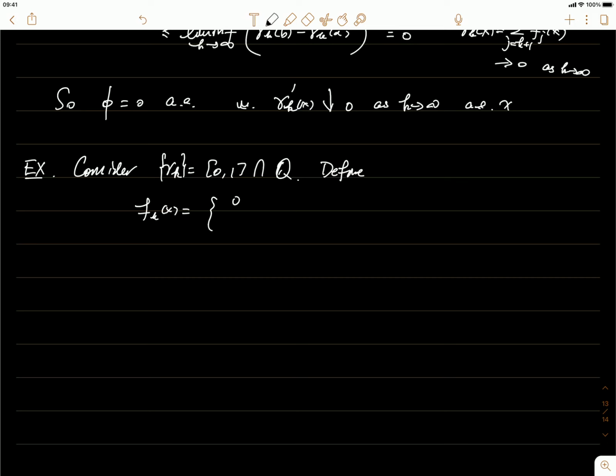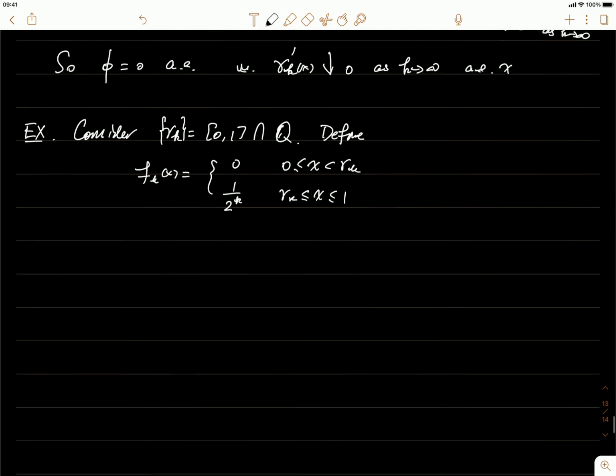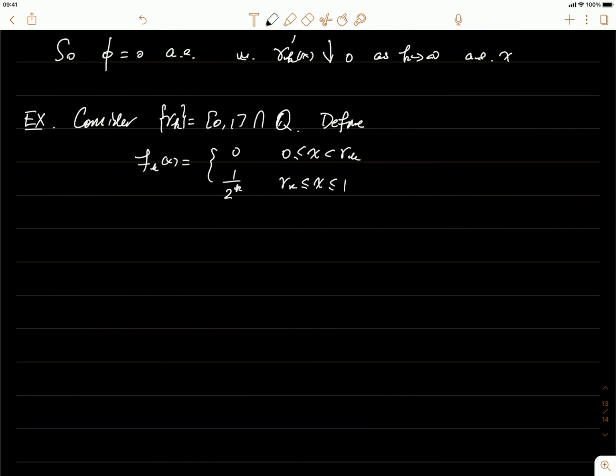It is 0 when x is less than r_k, and when x is bigger than r_k, we set it to the value 1 over 2 to the k. It's a pretty small number, but at least it's positive. Now we let S(x) be the sum of f_k(x), k from 1 to positive infinity.